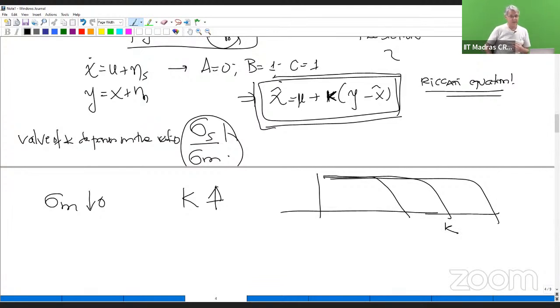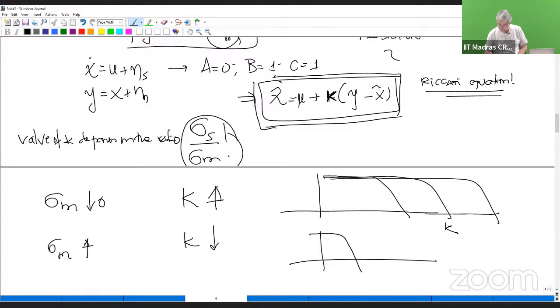So if a manufacturer tells you, look, I have this sensor here. Let me go back into, I'll get back to this. On the other hand, if sigma m is large, then this thing goes down, and you have to recoil in the frequency, and that's how we play the game.